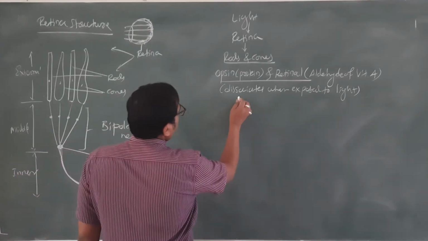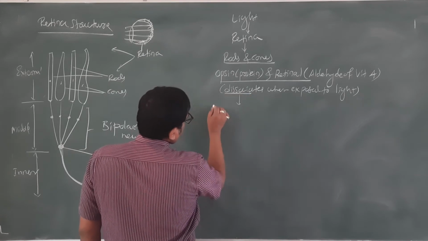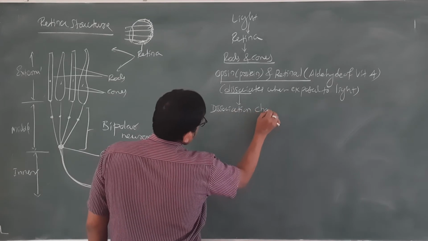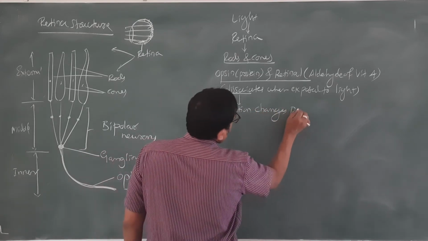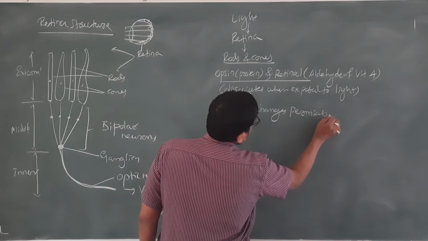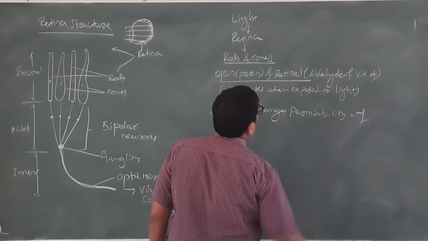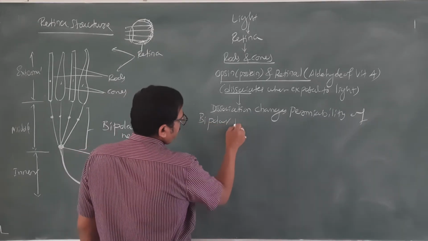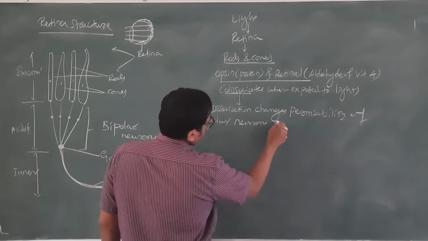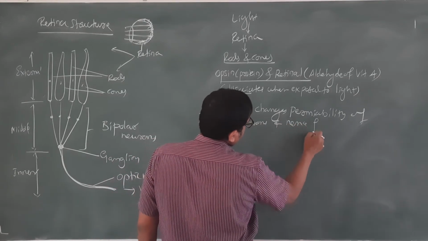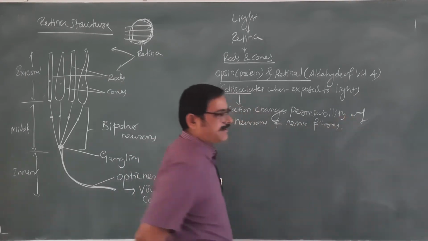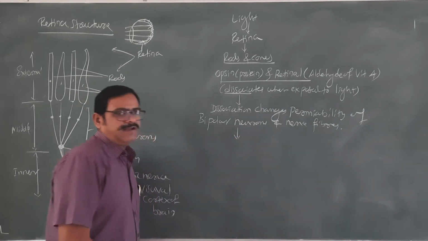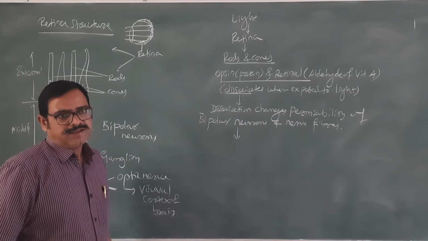Further, this dissociation changes the permeability of the bipolar neurons and nerve fibers. Here the light signal is converted into a chemical signal.